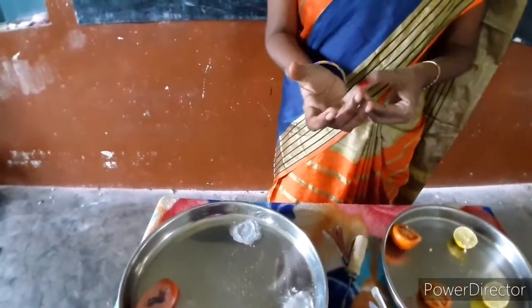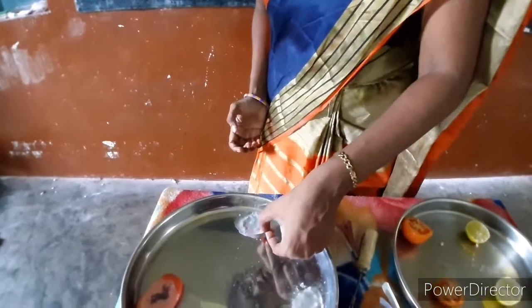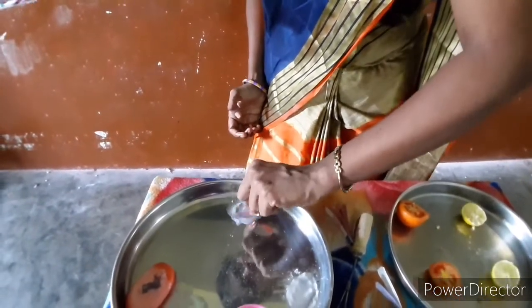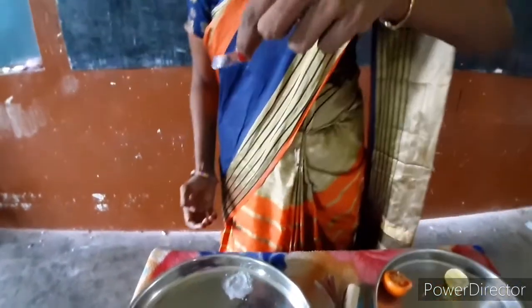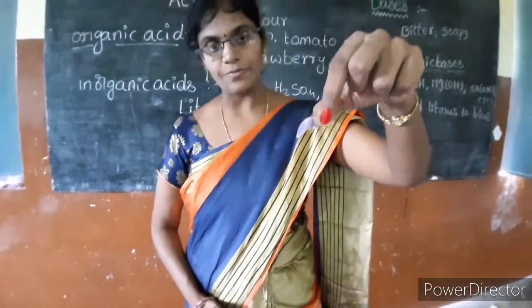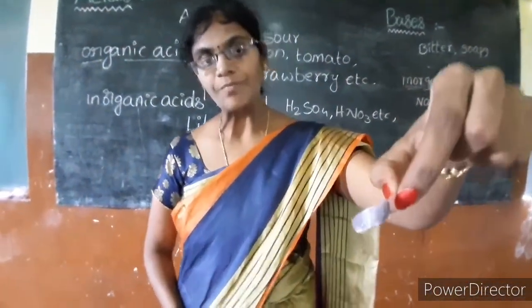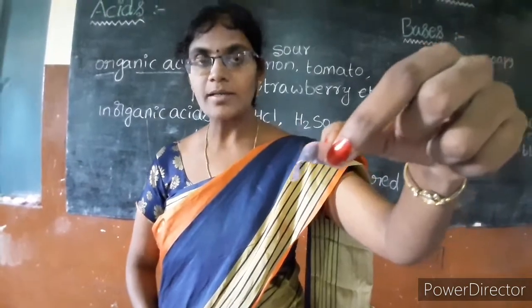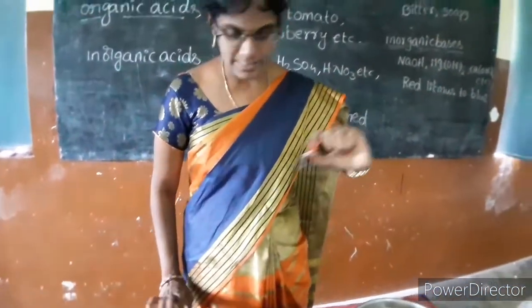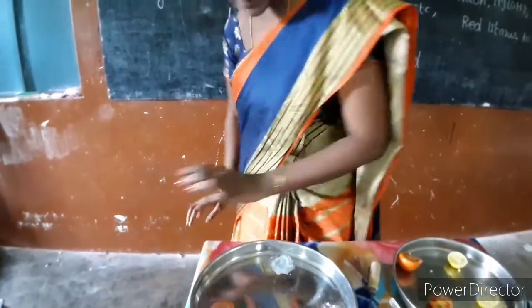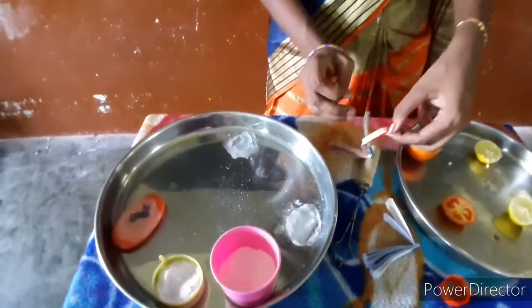Now take the red litmus paper and put the red litmus paper into surf. How does it appear? Blue in color or not? Yes. So the bases turn red litmus paper into blue.